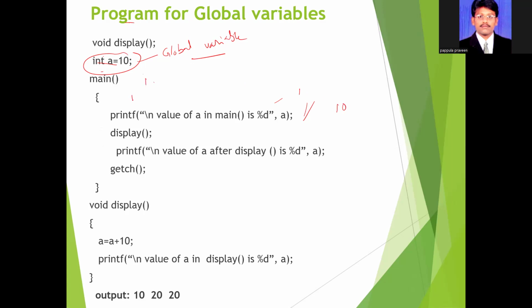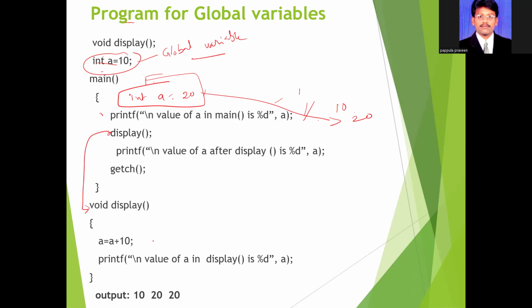Suppose I want to display, and in this block I declare int a = 20. Now what is the output of this A? You have a global variable here with the same name as the local variable. So the first priority is the local. Next, if the local variable is not available, then you take the global variable. So if you have int in this block, then it will return that value, right?